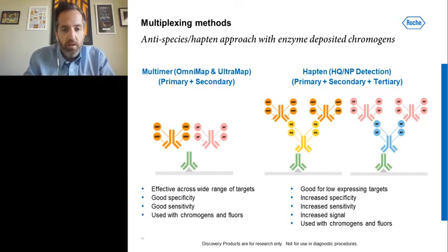So we come in with an anti-HQ HRP or an anti-NP AP. With this, we really see a huge increase in specificity, sensitivity, and signal intensity. And we can use this method with chromogens or fluorophores. And these are excellent for detecting low-expressing targets.